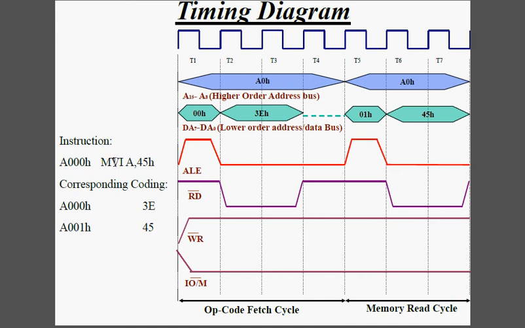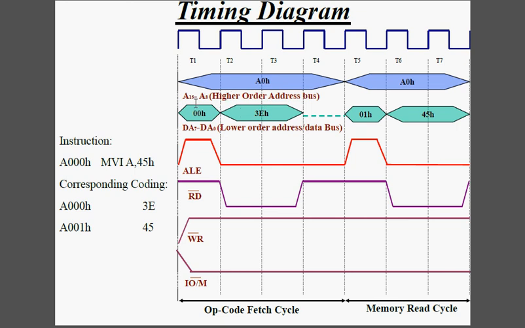If you change MVI into binary form, you get 3E. It is the machine code, the one understood by the microprocessor.